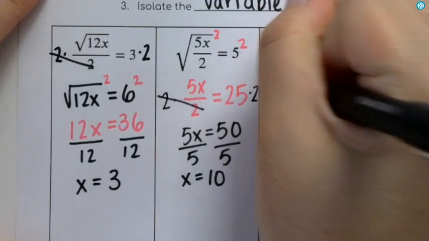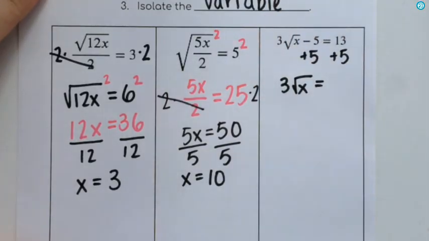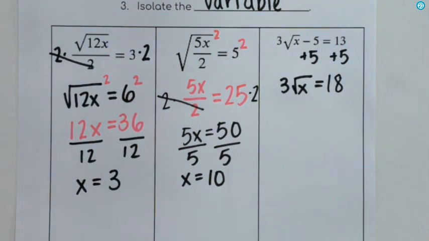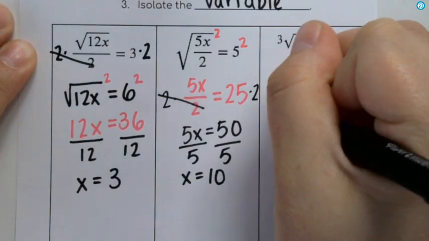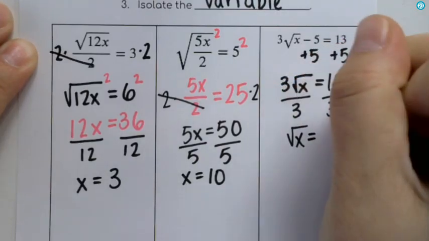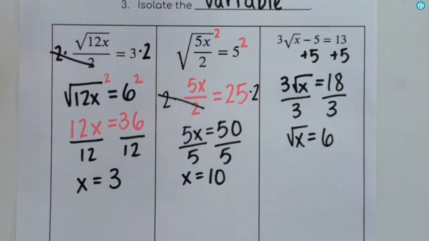We'll have 3 times the square root of x still equals 13 plus 5, which is 18. And we can divide both sides by 3, because that's also outside of my square root. And I have square root of x equals 18 divided by 3 is 6. I cannot touch that x until I get rid of the square root, and there's nothing else in the square root with the x.